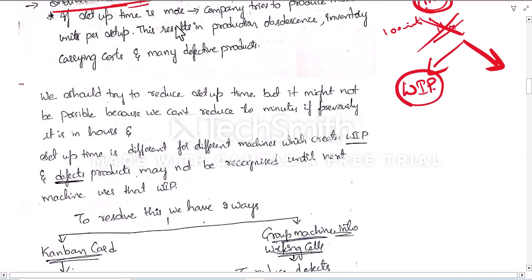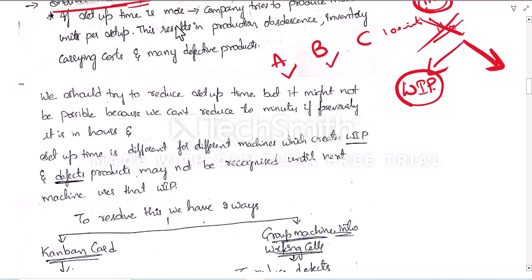If we need three machines, A, B and C, the setup time for A might be different, for B might be different, for C might be different. So if A prepares a product which needs to go through B, it will produce 100 units and it will go to B, but B will still be in its setup time only.